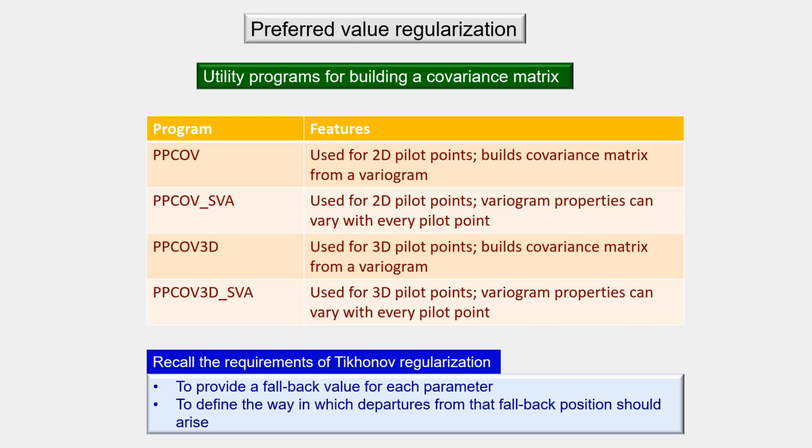So if we have 10 layers and each of those layers has pilot points for two sets of parameters, we will supply 20 covariance matrices. Now those 20 covariance matrices may be the same matrix if the pilot point disposition is the same in every layer for both parameter types. So this isn't as complicated as it may first appear.